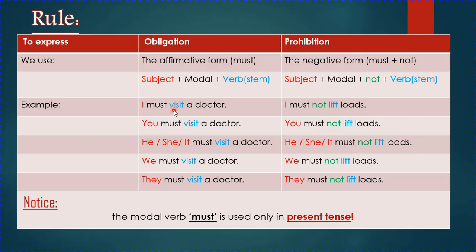So basically we have taken the verb to visit, we have omitted to and left visit. Okay, I must visit a doctor. You must visit a doctor. He, she, it must visit a doctor. We must visit a doctor. They must visit a doctor.